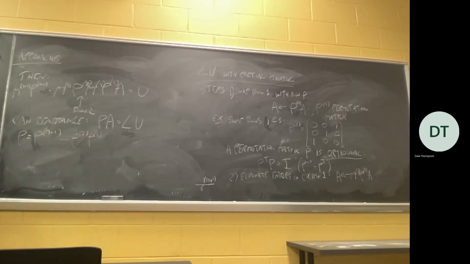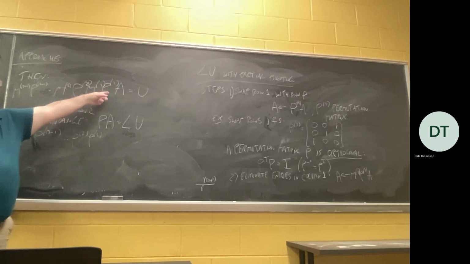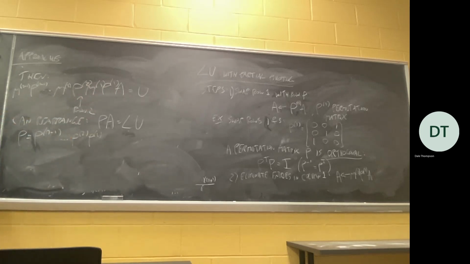So multiply in this order: P1 gets applied first and then P2 and so on. So it's almost like you could move all of the P's to the front of the line, but that cannot be done without affecting the M's.